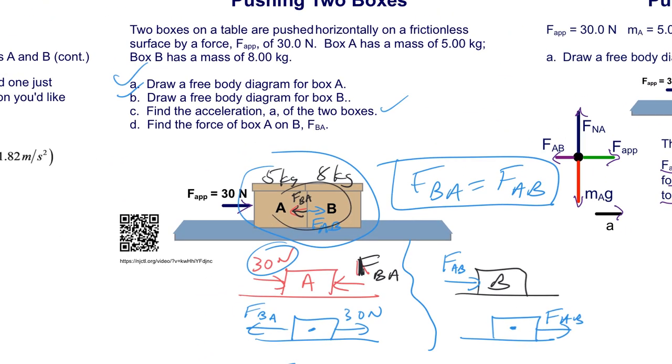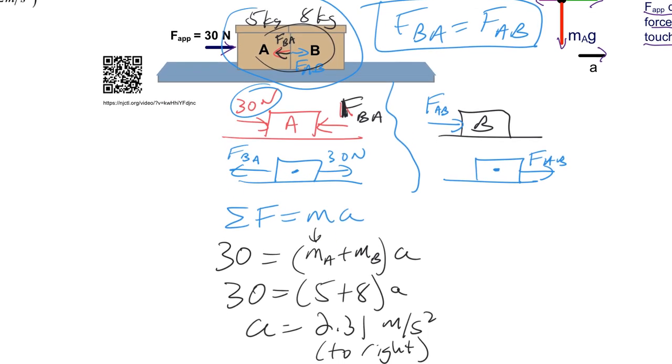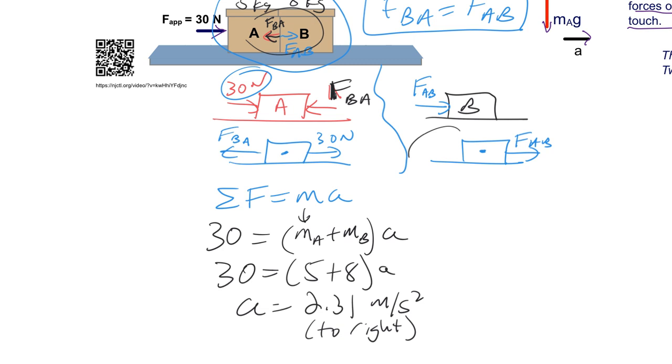Okay, so now find the force on box A and B. So find one of the tensions, even though they're not tensions. So pick the easier box. The easier box is this guy. So let's find this force right here.